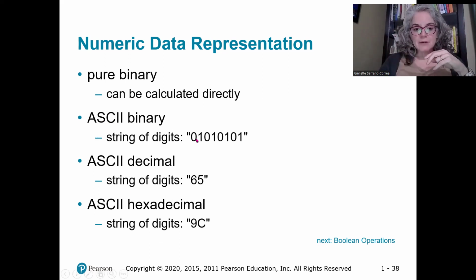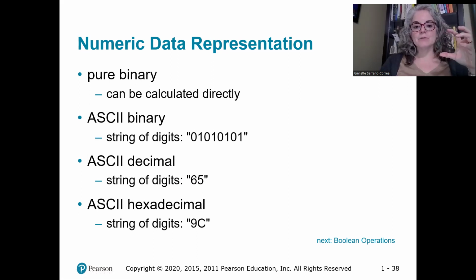So this is a character 0, not the actual number 0. ASCII decimal: you have a 65, which is a decimal number, but ASCII decimal is a string of a 6 and a 5. So it's not the decimal 65.